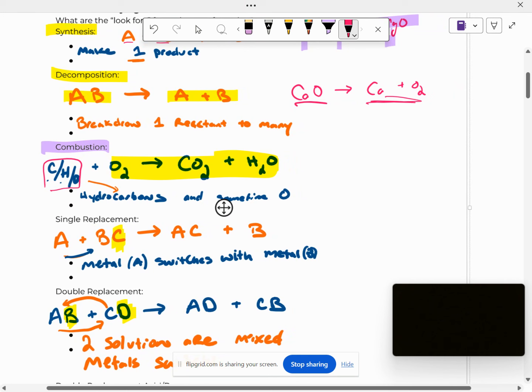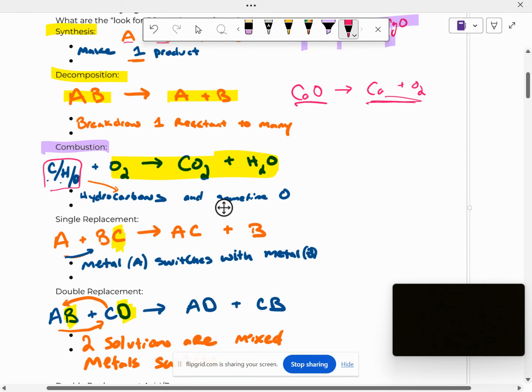Double replacement is the exact same thing, but you have two on each side. A and C switch. This happens when two solutions are mixed and their metals in solution switch. So A and B are together, C and D are together, and A and C switch.